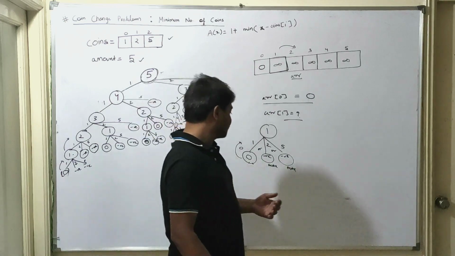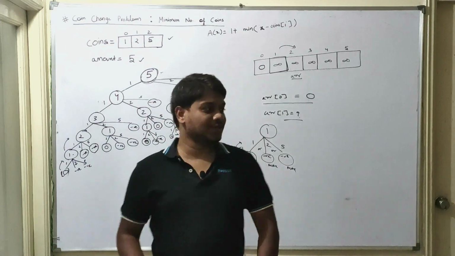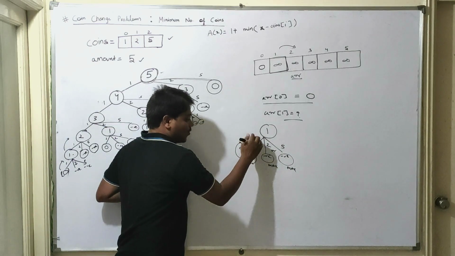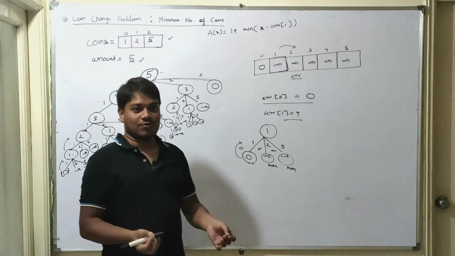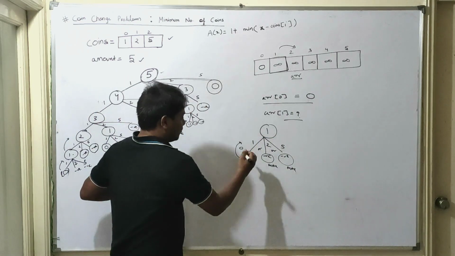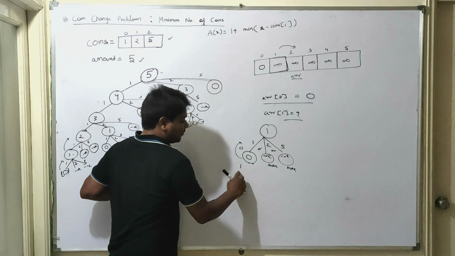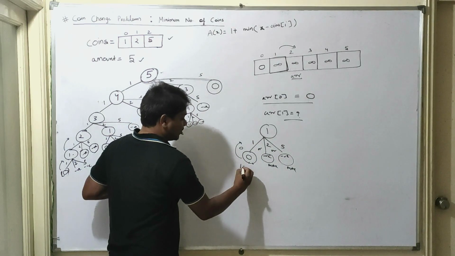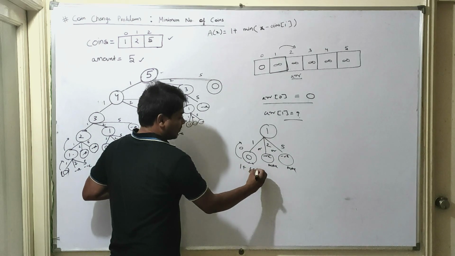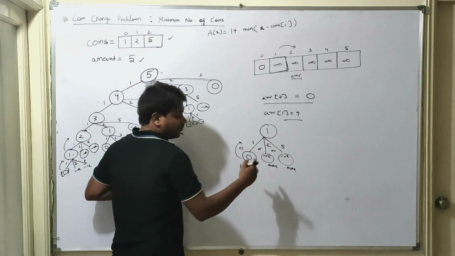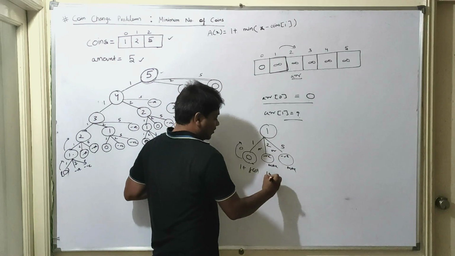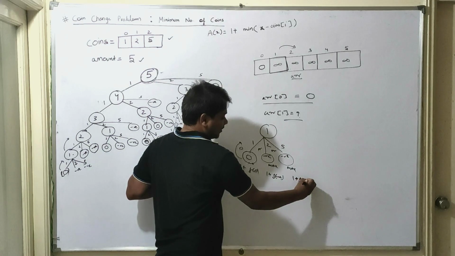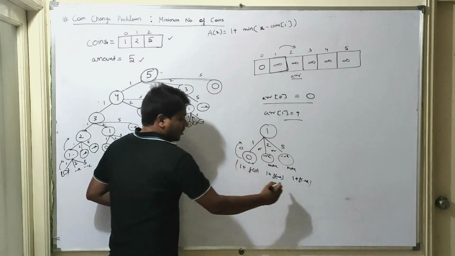Now we have an option to select out of these 3 paths, but having selected, we have to select a particular coin and move forward. If we choose the 1 rupee coin once, it's 1 plus the subproblem f of 0. Then if we choose the 2 rupee coin once, it's 1 plus f of something negative. We want the minimum out of these.